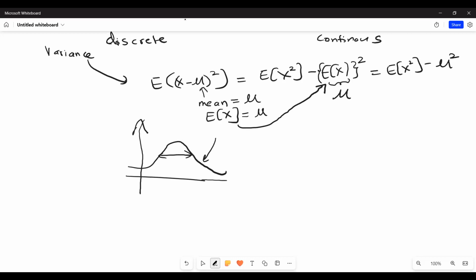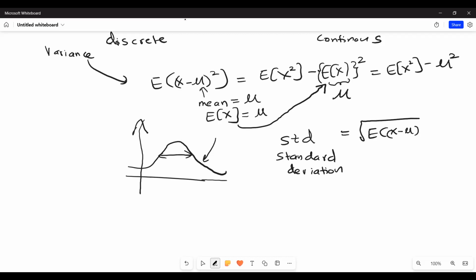As I said before, you can find the standard deviation value by taking the square root of the variance. So you take the square root of this expression, and then you can find the standard deviation value, sigma, I have mentioned here.